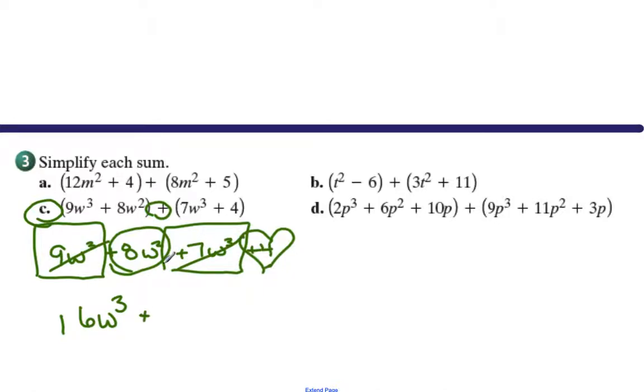Now, which one comes first, 8w squared or 4? You're right, 8w squared, and then plus 4. And that's it. So that was adding it horizontally as opposed to vertically. The main key there is to make sure you line up like terms, okay? All right.